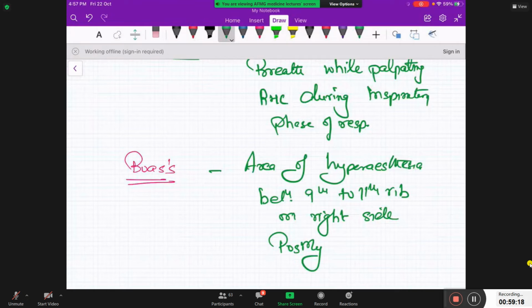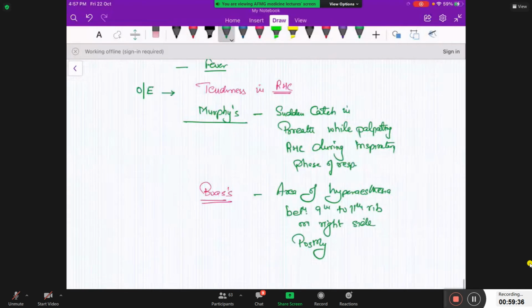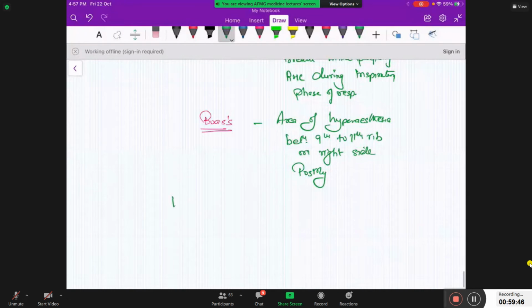If these signs are provided, again it is diagnostic of acute cholecystitis. Okay, now the investigation of choice is ultrasound.